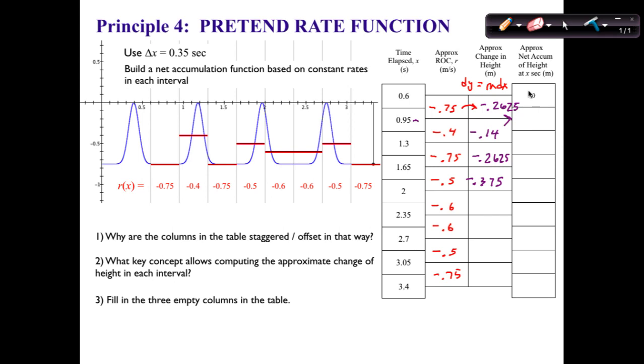So how much accumulated change in height do I have at 0.95? Yeah, so I started at 0 amount of change, and I've just changed the height by this much. Does it make sense? Then 0.35 seconds later, I'm asking how much net accumulated change do I have? What will I do? I'm going to take how much change I had before and include the new change.